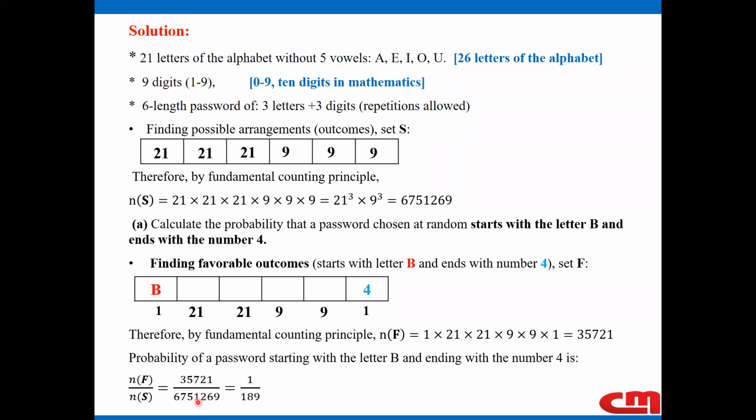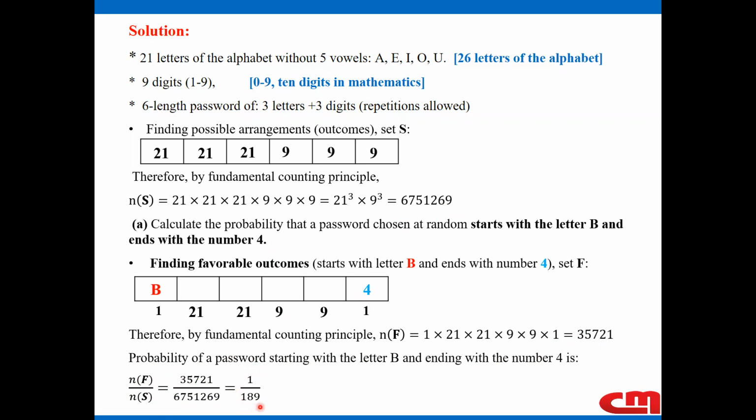So as such, the numerator is occupied by the number of favorable outcomes, the denominator by the number of possible outcomes. The favorable is what you have seen here. The possible outcomes is what you have seen here. Then this reduces to 1 over 189.